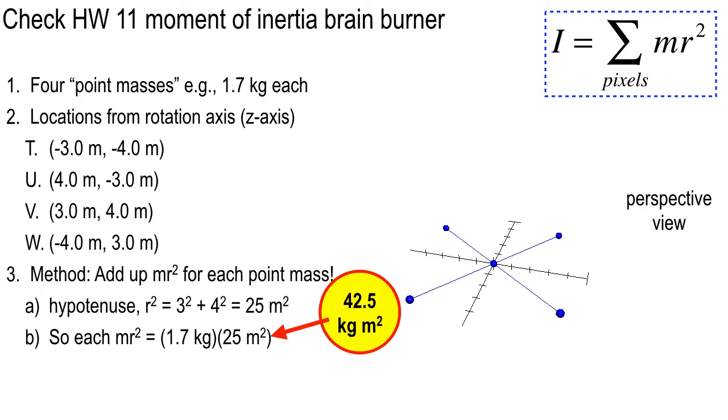So that's kind of cinchy. And this is not the only way that you can do it. I'm doing it in this particular manner, but you might have done your algebra and still come up with a total moment of inertia of 170 kilogram meters squared, if that was your problem.